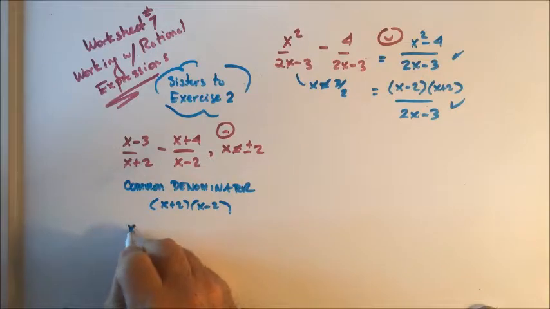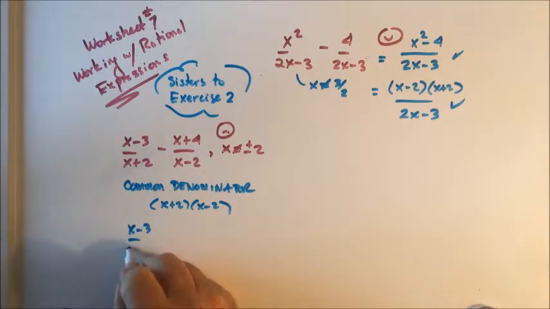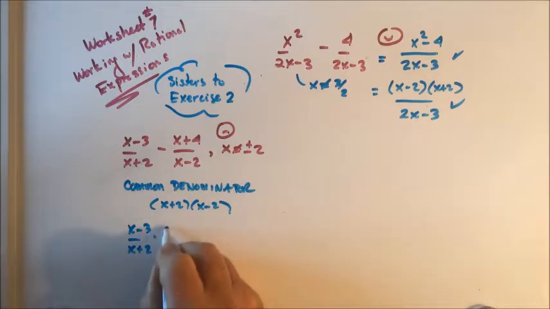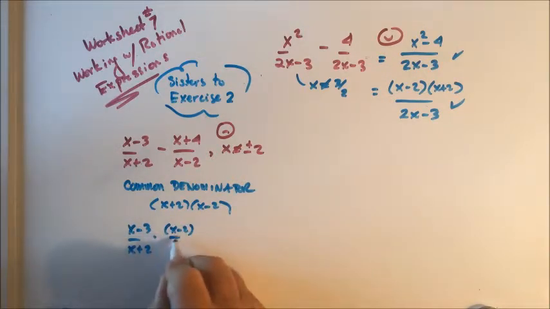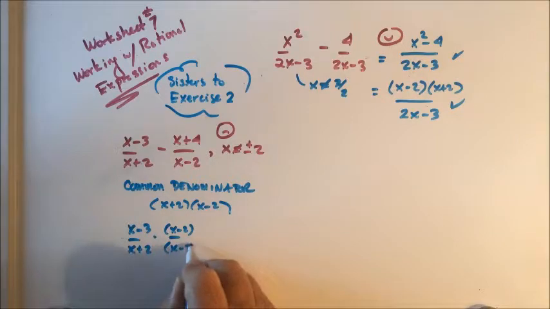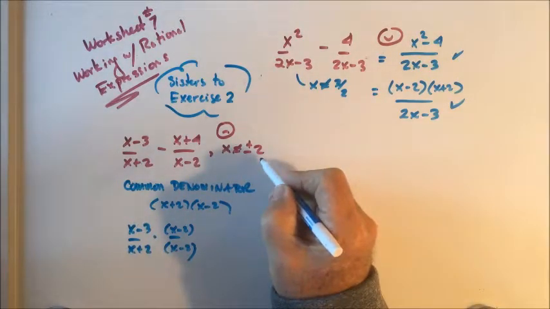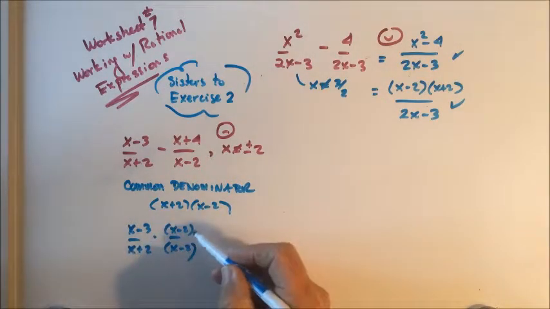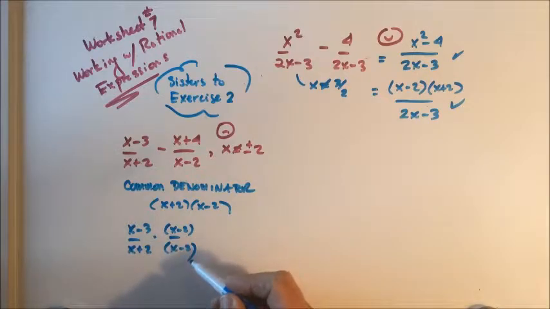What I have to do to this first expression is multiply the top and bottom by x minus 2. We've already told ourselves we're not dealing with the 2's. So this is a fine expression as long as x is not equal to 2. In fact, it's 1. It's x minus 2 divided by x minus 2.